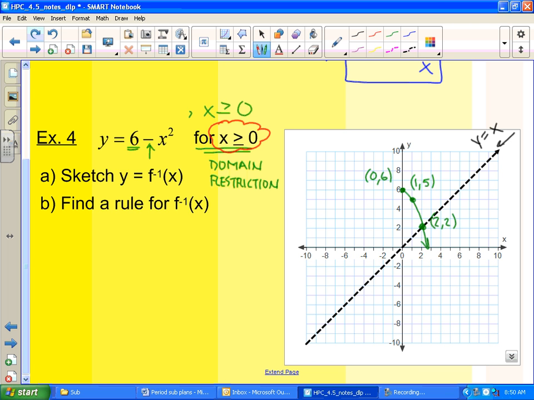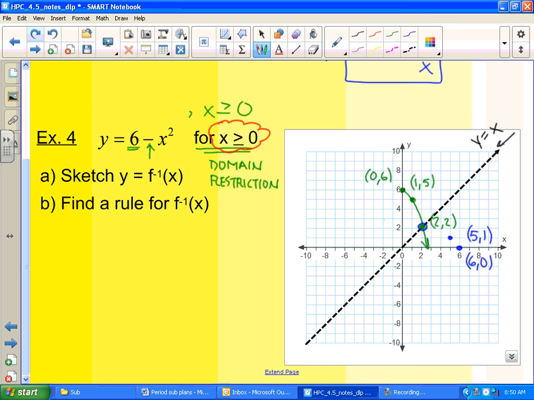We're going to create the new graph, the reflected graph, which will be our inverse graph. We switch x and y. So a 0, 6 becomes a 6, 0. And a 1, 5 becomes a 5, 1. And a 2, 2 stays the 2, 2. So here are our new coordinates. And just put a circle around that one.